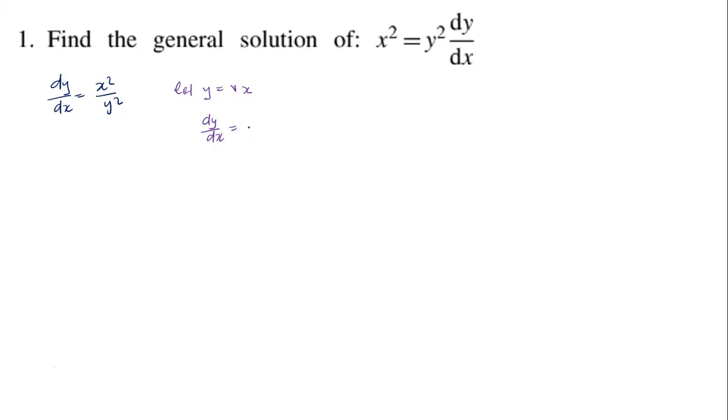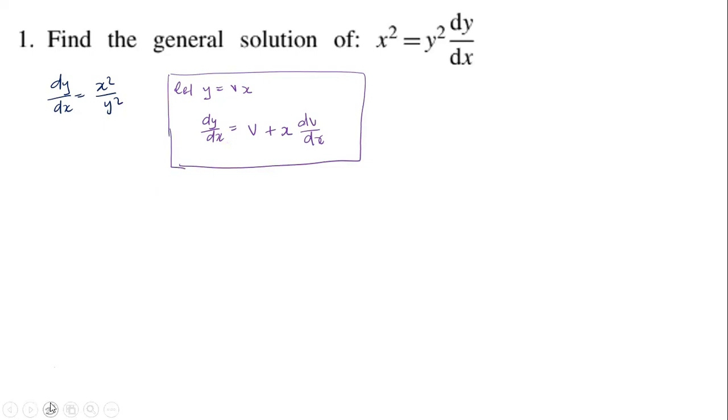So I keep v constant and derive x, which gives 1. Plus, using the product rule again, we keep x constant and derive v with respect to x, which will be dv/dx.